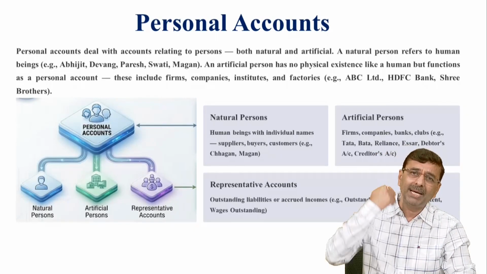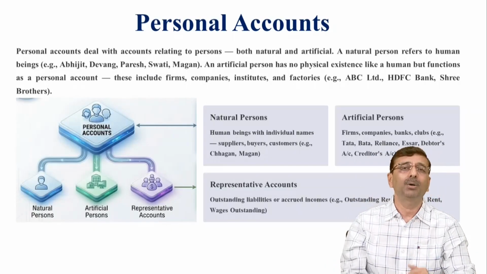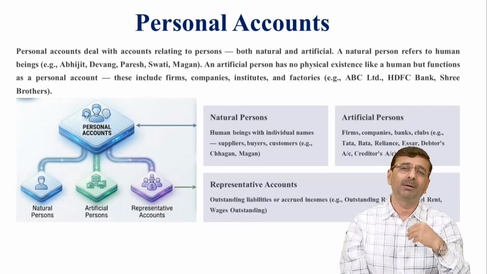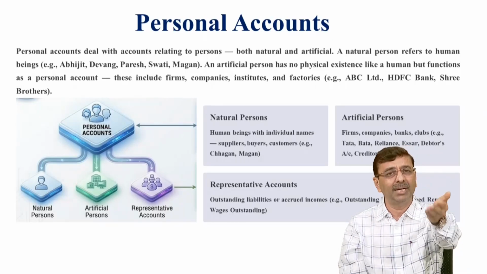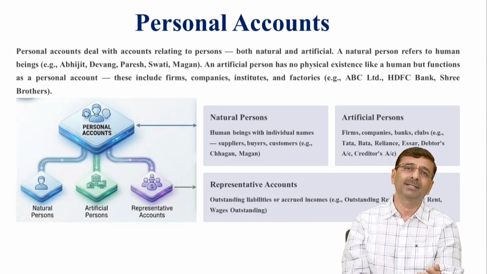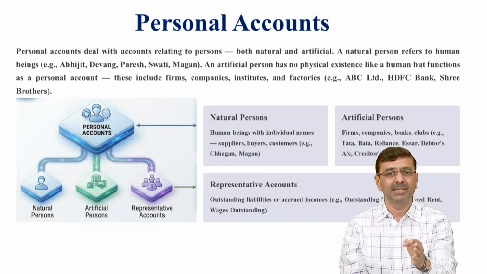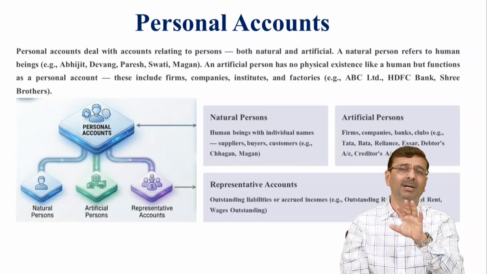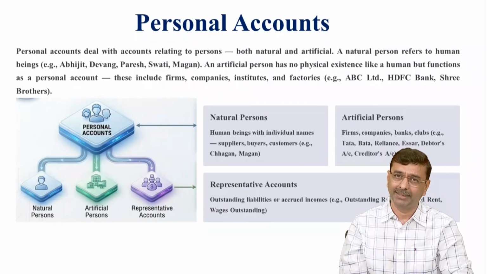If I have to pay someone, meaning I have an outstanding amount payable to a third party or XYZ, it is again considered a representative account. So any outstanding liability or outstanding income, or payable or receivable amounts, are considered representative accounts here. These are the three basic broader cases in the personal account.